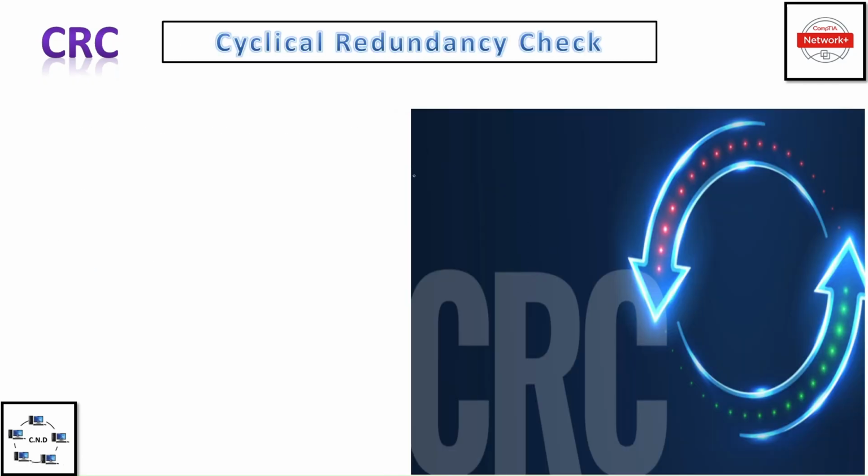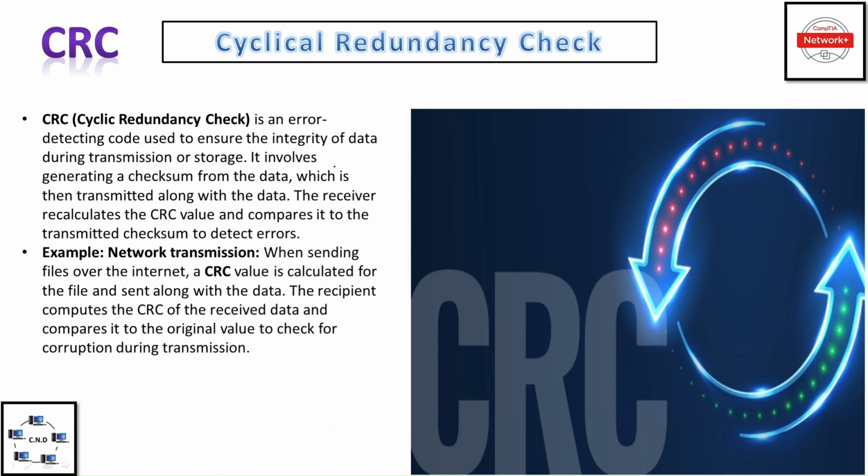CRC, that is cyclic redundancy check. CRC is an error detecting code used to ensure the integrity of data during transmission or storage. It involves generating a checksum from the data, which is then transmitted along with the data. The receiver recalculates the CRC value and compares it to the transmitted checksum to detect errors.